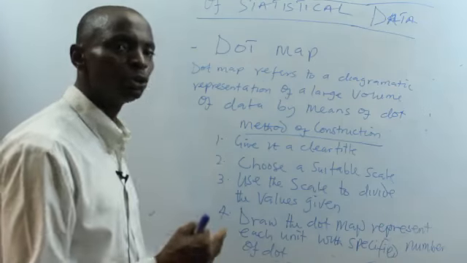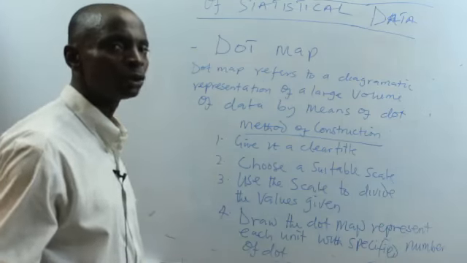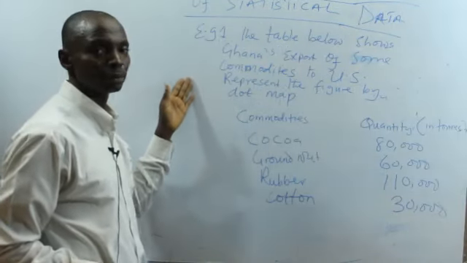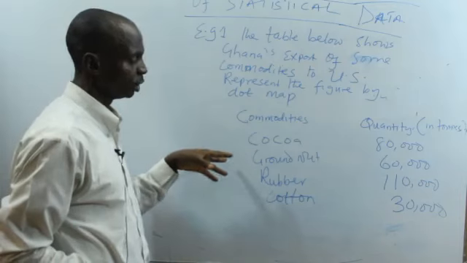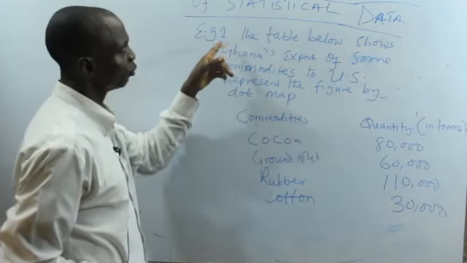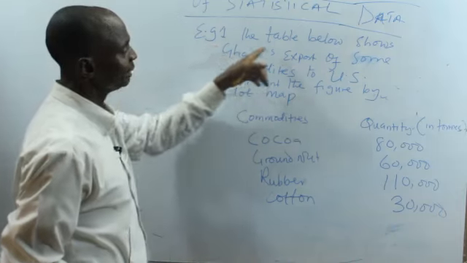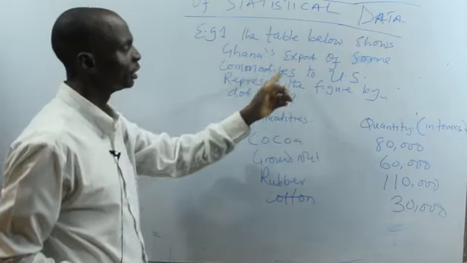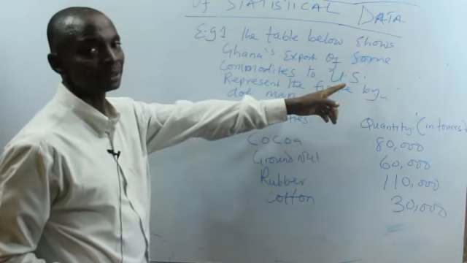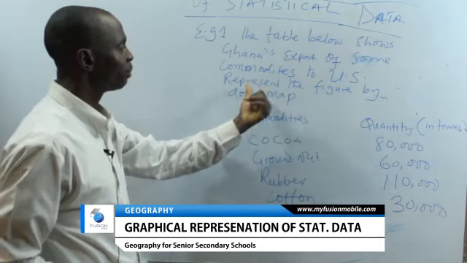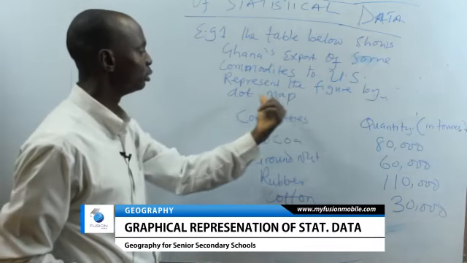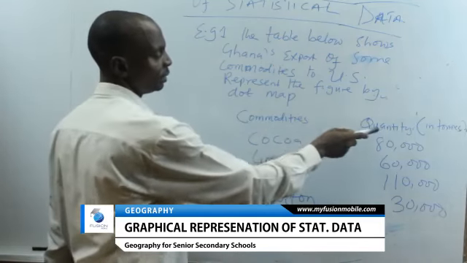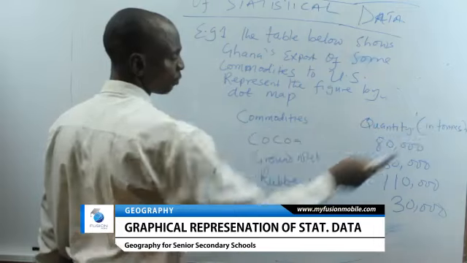We are going to use one example to solve this question. Example 1. The table below shows Ghana's export of some commodities to United States of America. Represent the figure by dot map. These are the commodities and these are the quantities in tons.